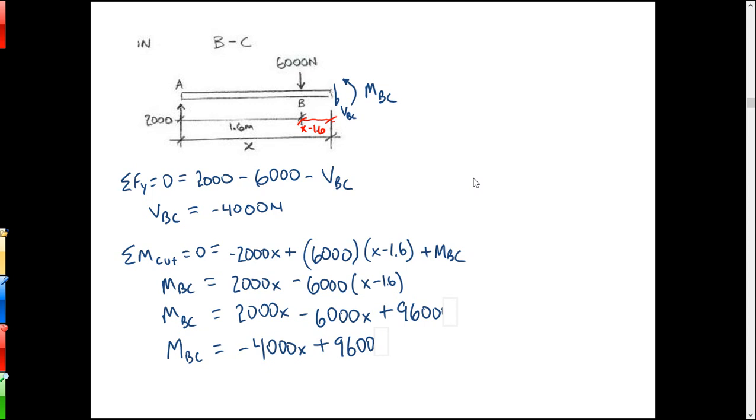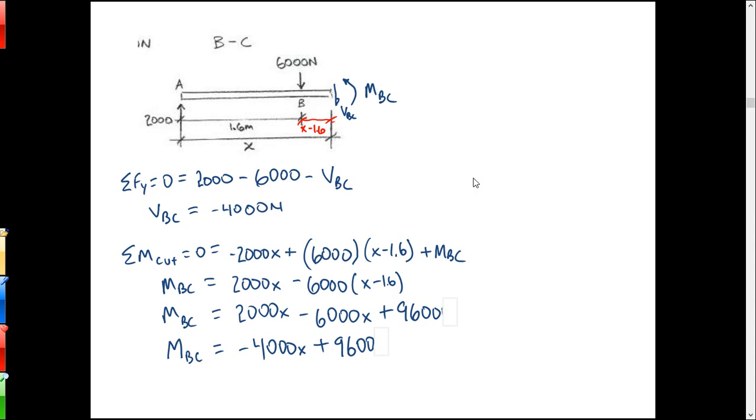Okay, so I'll take that MBC, which is what I'm solving for, to the other side of the equation, and then I multiply through by -1 because I want to solve for positive MBC. When I take the MBC over, it becomes negative, so I just multiply everything through by -1 to get the positive MBC that I want to solve for, and then I collect terms.